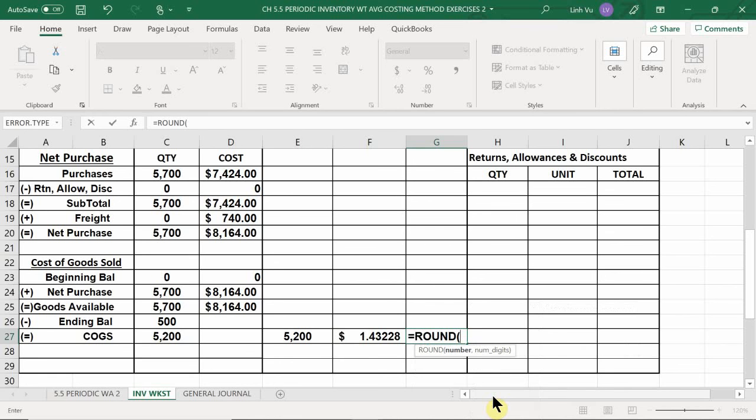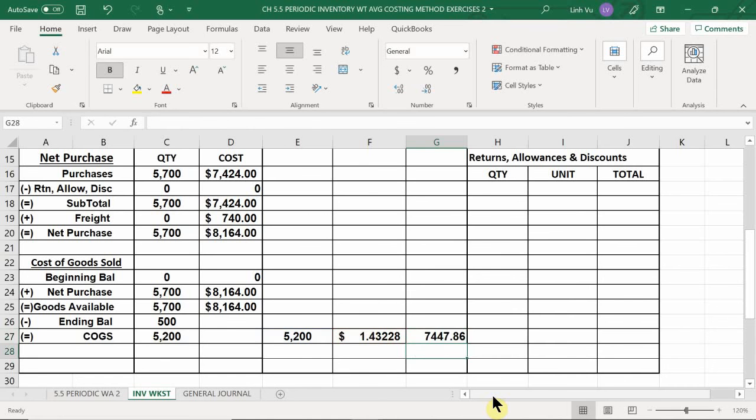Equal, round, open parentheses, quantity times my average cost, comma, 2 decimal places, to give me a total cost of goods sold to be 7,447.86. Good.